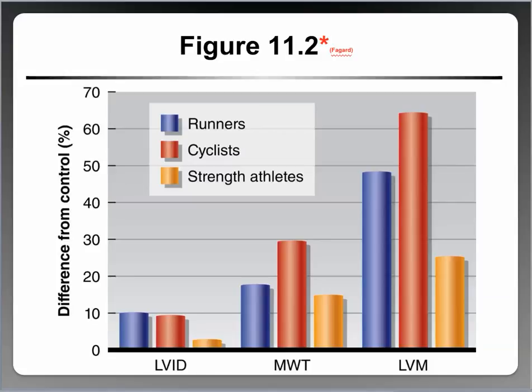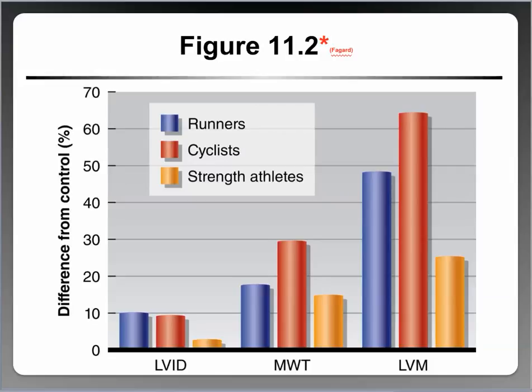So the LVID there, it's the left ventricular internal diameter, or it's a measurement of chamber size. And you can see that your endurance athletes have a bigger internal chamber size than the strength athletes. In the middle, you've got MWT, which stands for mean wall thickness.